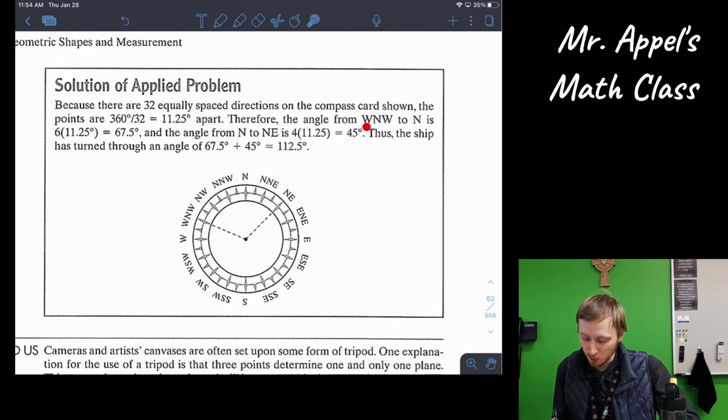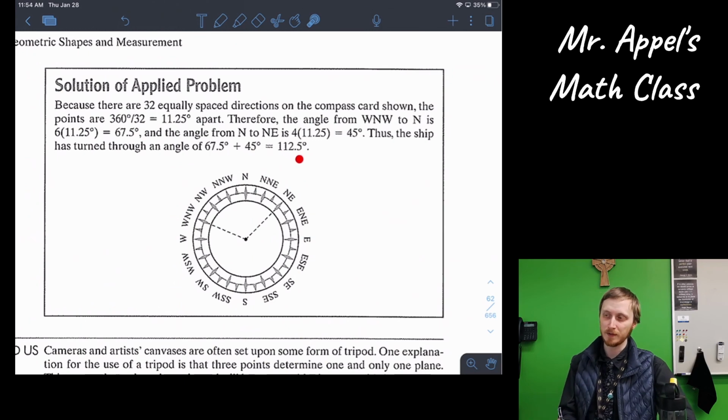Therefore, the angle from west by northwest to north is 6 of those segments, 6 times 11.25, or 67.5 degrees. And the angle from north to northeast is 4 of those segments, 4 times 11.25 equals 45 degrees. Thus, the ship has turned through an angle of 67.5 plus 45 equals 112.5 degrees.